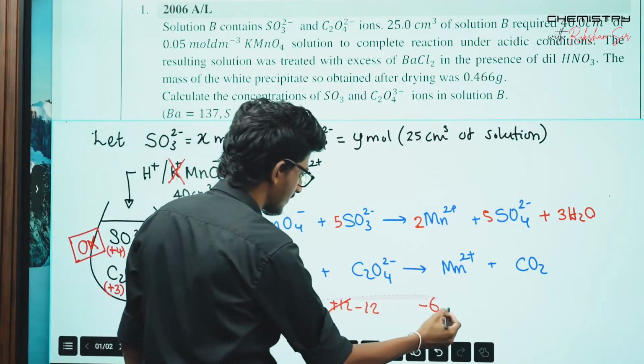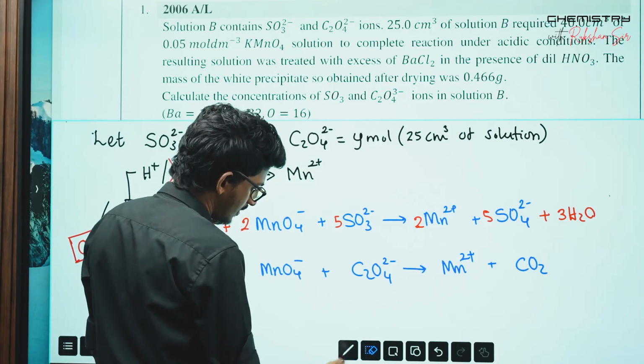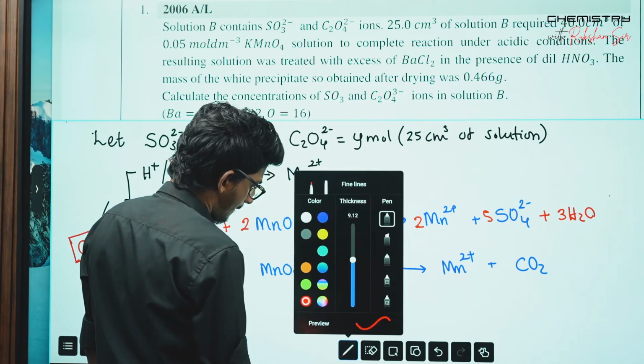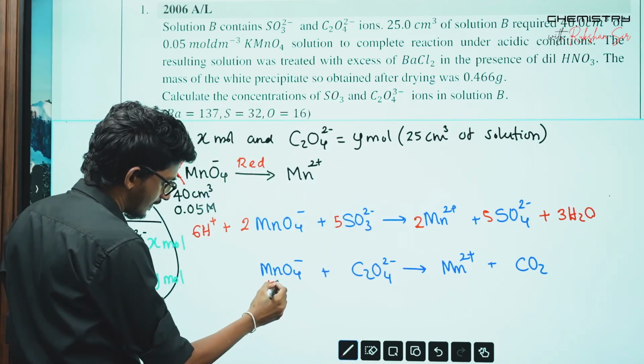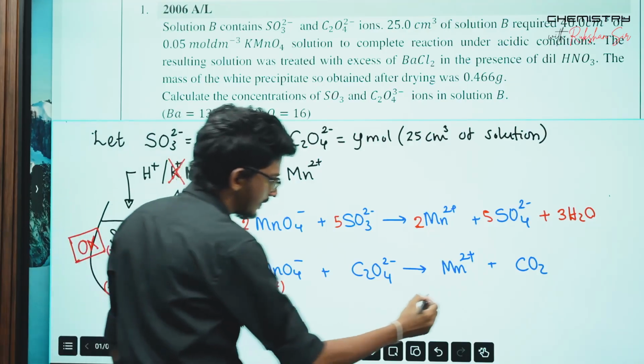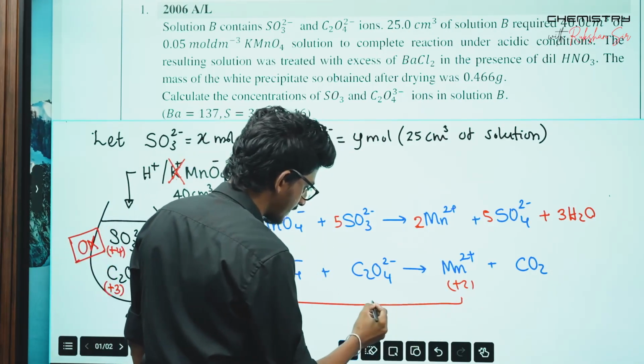Let's try to balance this second reaction as well. First come up with oxidation states. Here, this is +7, this is +2. So there is a 5 electron difference with this one.